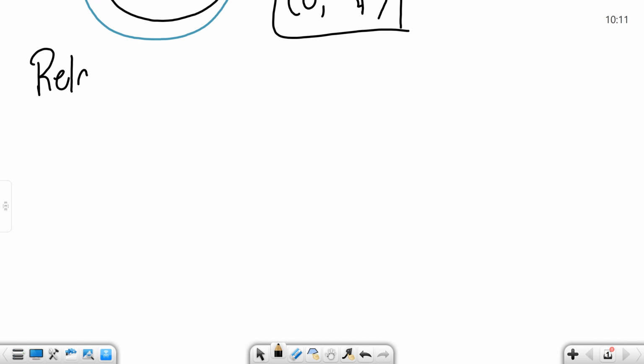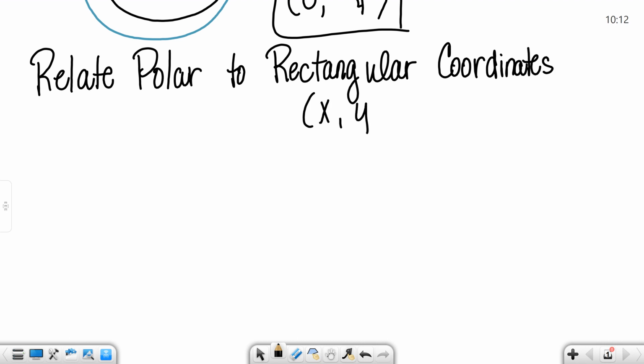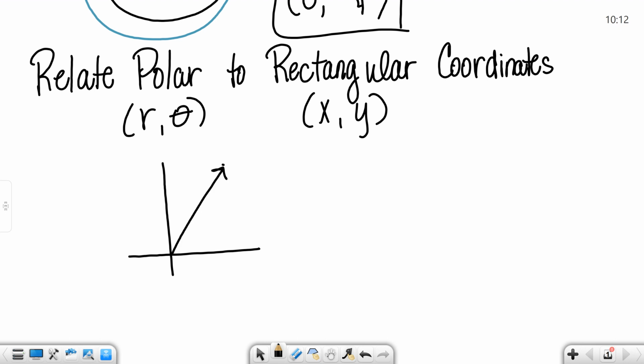Now, I mentioned at the beginning the rectangular coordinate system, so let's relate our polar to rectangular coordinates. Remember, rectangular are x, y, polar are r, theta. So how can we relate them to each other? Well, I can name this point P 2 different ways.